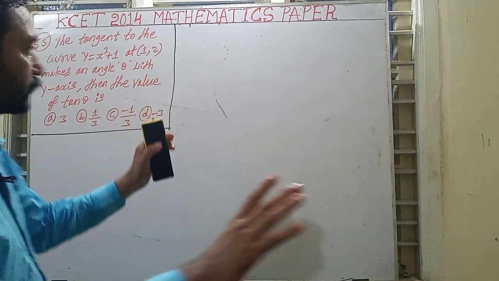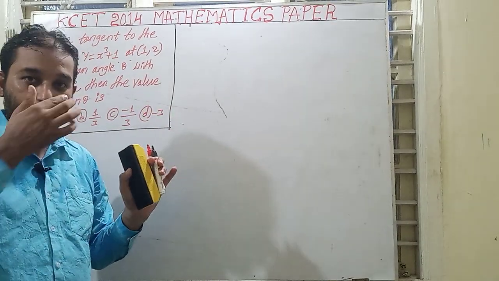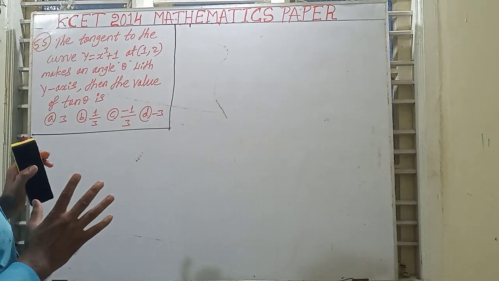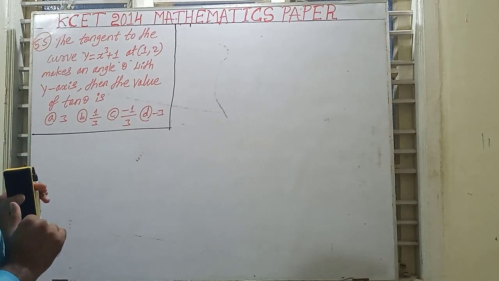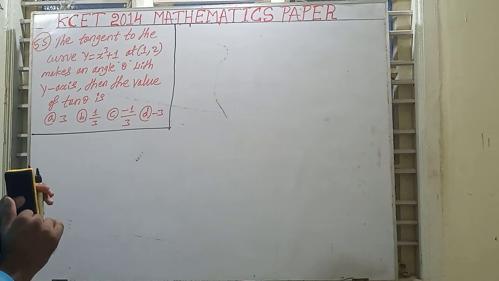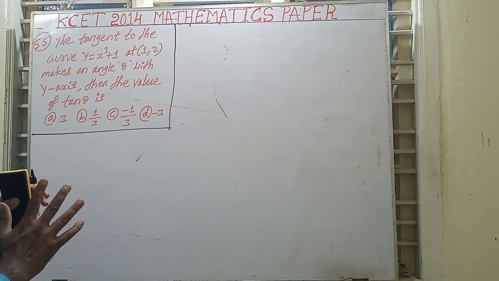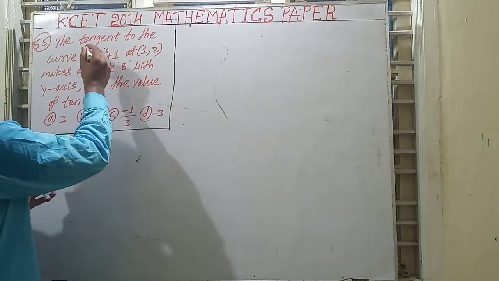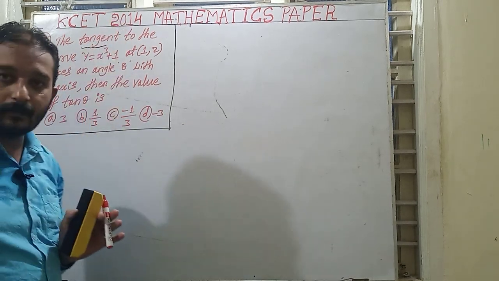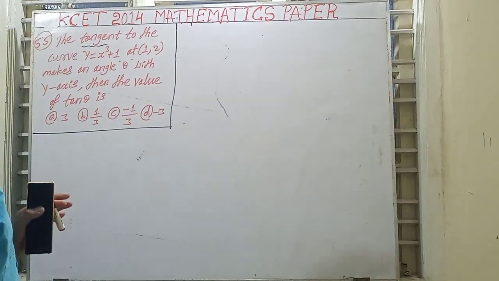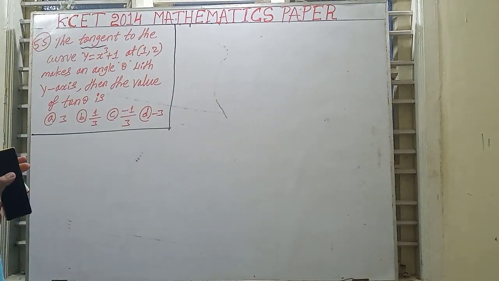So now let us move on to the next question, question number 55. Basically this problem is based on the chapter application of derivative, tangent. What do we have to find out?